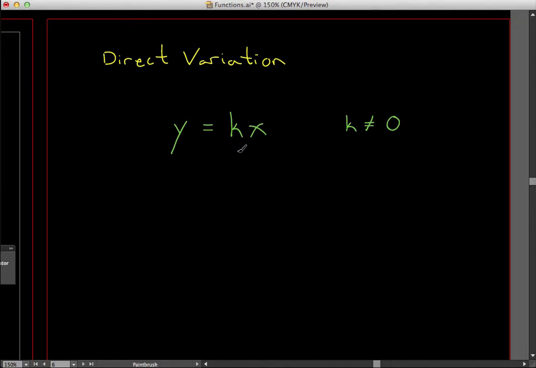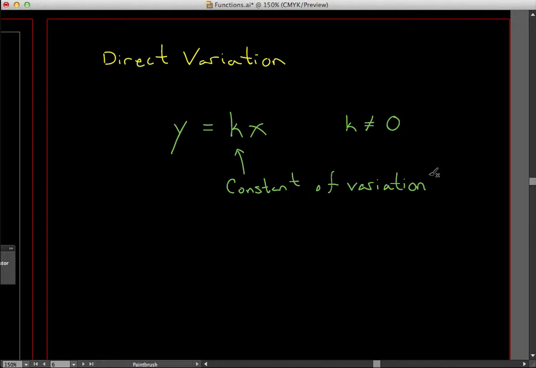So here we're going to draw a little bit of a line right here, and this is the constant of variation. Constant of variation.